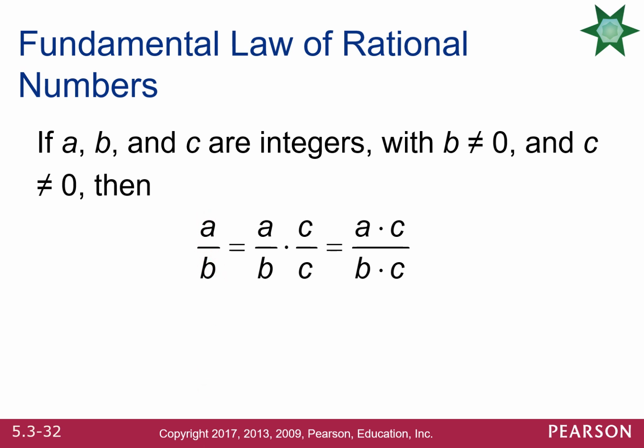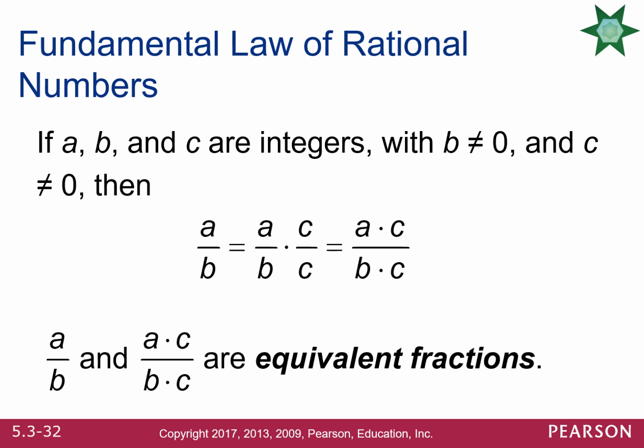All right. What equivalent fractions means is that when we reduce, the second fraction can be reduced back to get the original fraction, right? It's not the same fraction, but it's called an equivalent fraction.